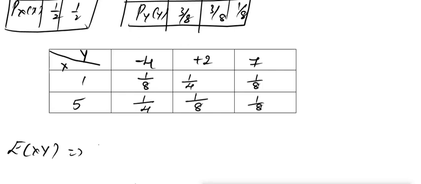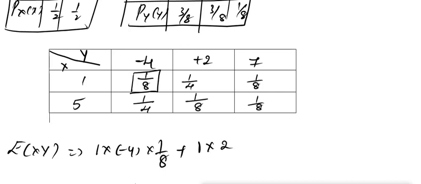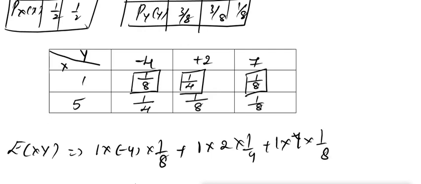So if x is 1, y is minus 4, whose probability is 1 by 8. Similarly, x is 1, y is 2, whose probability is 1 by 4. So like that you need to keep adding the terms. So 1 into x is 1, y is 7, whose probability is 1 by 8.